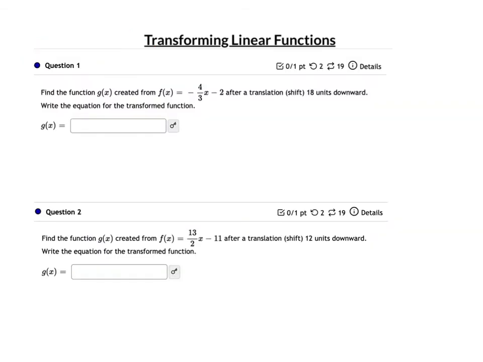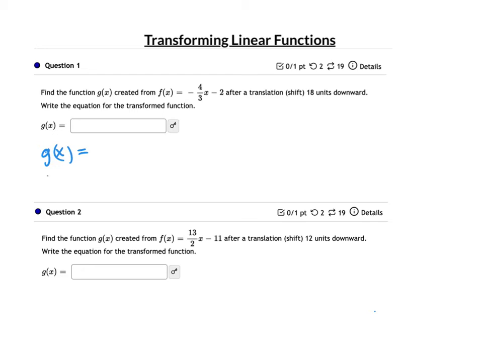So these are examples off your assignment, and this will go very quickly. So this first one becomes y equals, well, let's stick with what they did, which is g of x for y, same thing. g of x equals, and I'm going to go down.